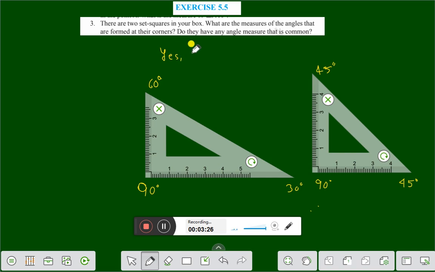Yes, it is 90 degree. Yes, the common angle is 90 degree.